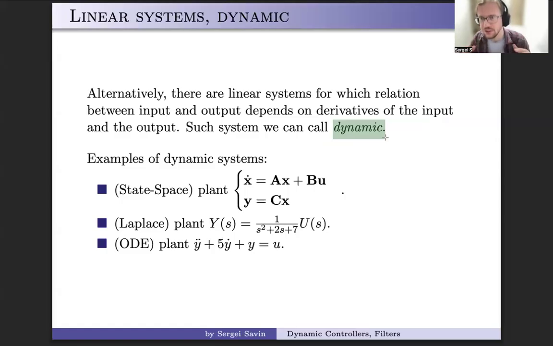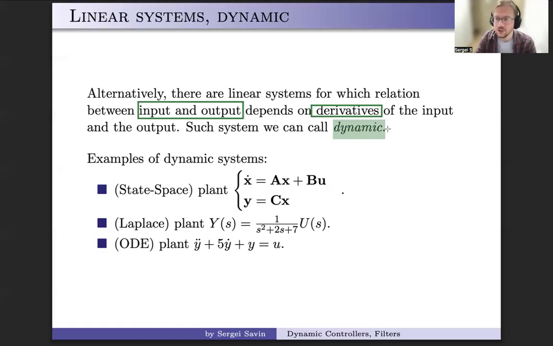And now we come to the point of this long introduction, right? Dynamic systems. So simply put, we could think of dynamic systems as something where input and output are related not just proportionally, but also through the derivatives.